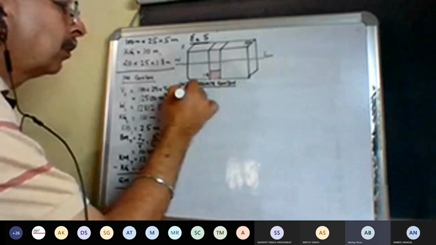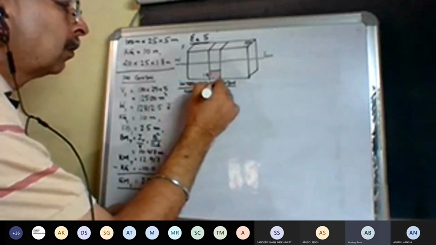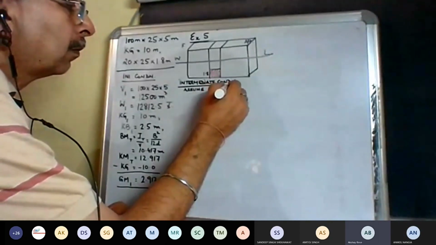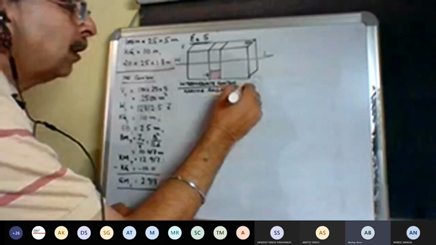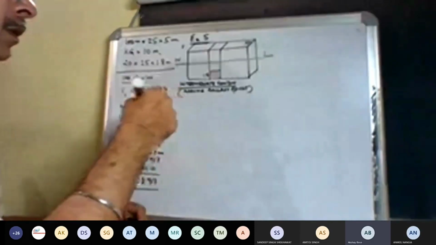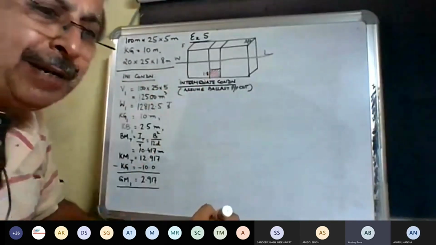Assume ballast pumped out. So supposing I am deballasting and therefore creating an empty tank.